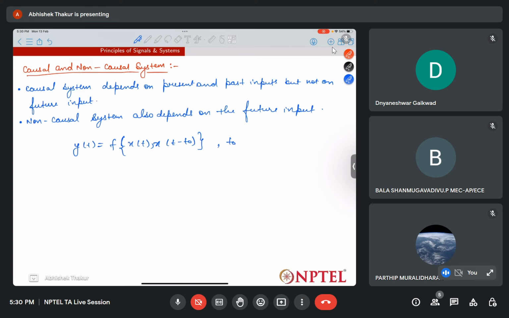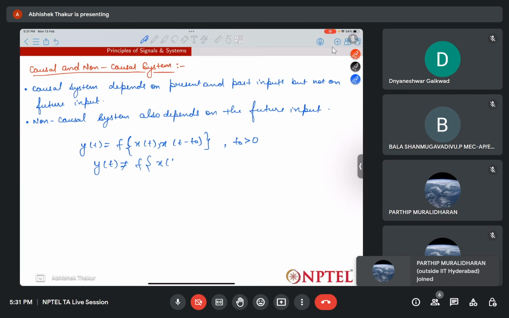Here t0 is greater than 0. Then it is a causal system. But y(t) should not depend on a function of t plus t0. So this is a causal system. Any doubt here?